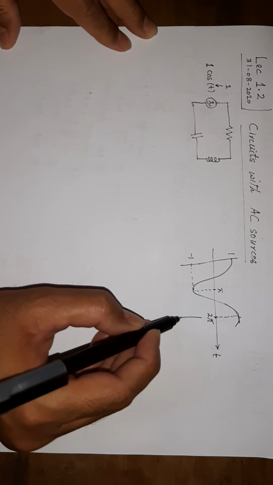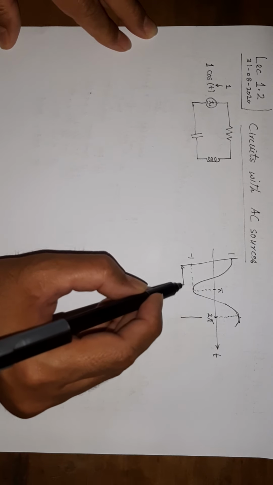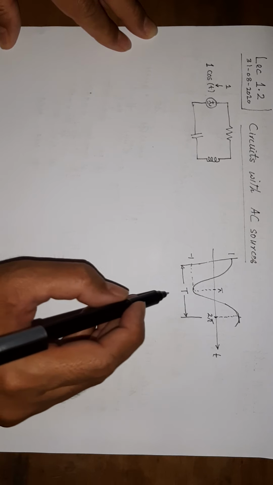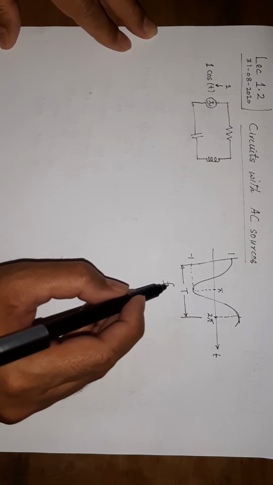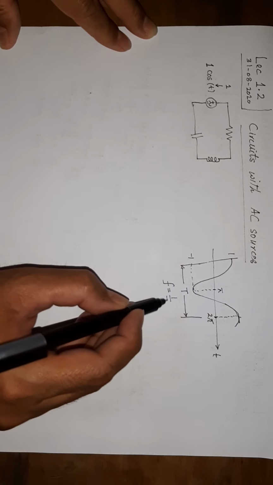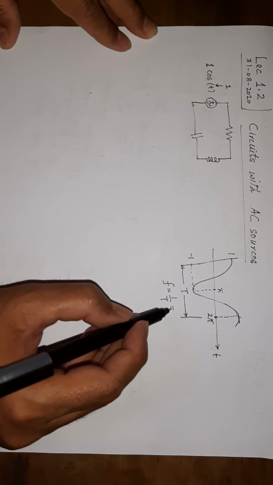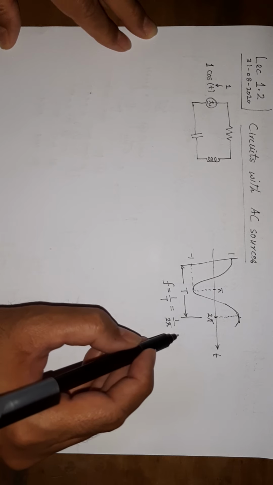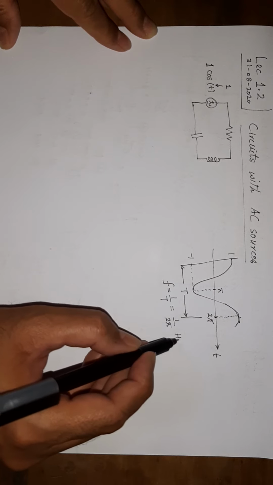And the total time it takes for one cycle to complete is the time period, and the reciprocal of this is basically the frequency. So the frequency of this signal is 1 over 2 pi cycles per second or hertz.